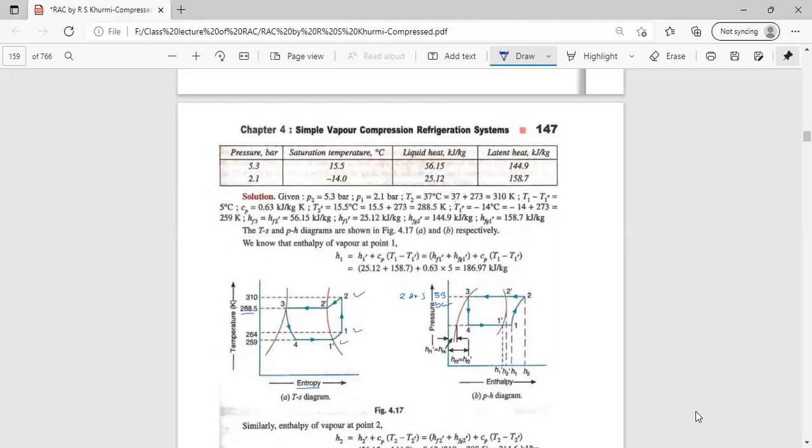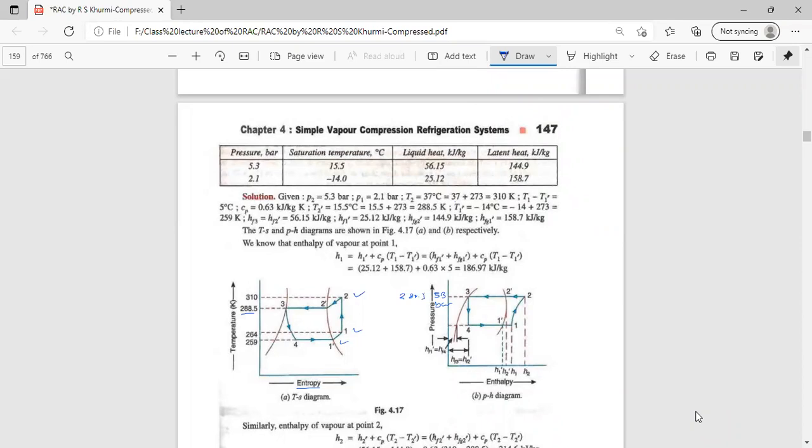The same is the case for the evaporator, where the pressure is 2.1 bar and the saturation temperature is given as minus 5 degrees centigrade. The liquid heat is given as 25.14, and the latent heat released is 158.7 itself.